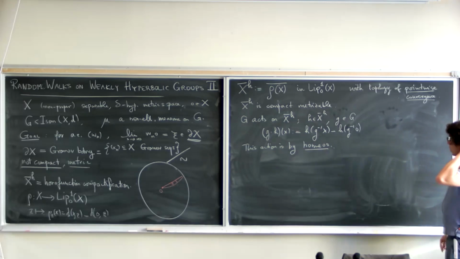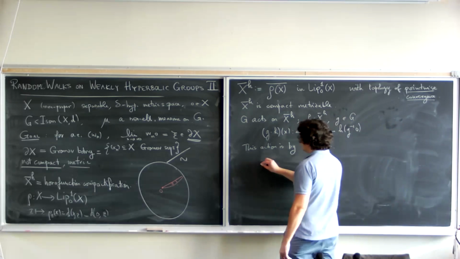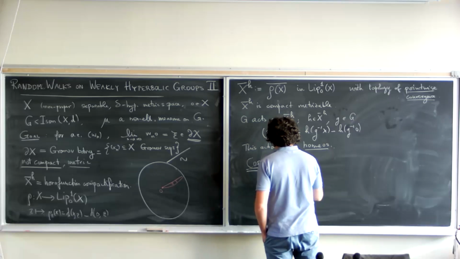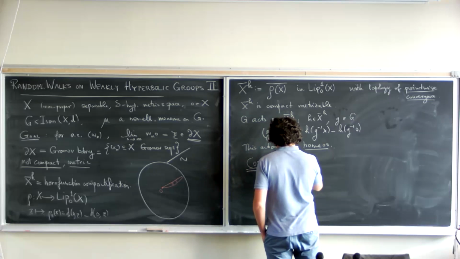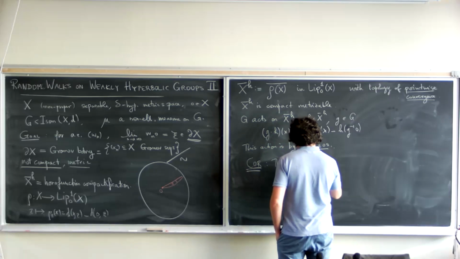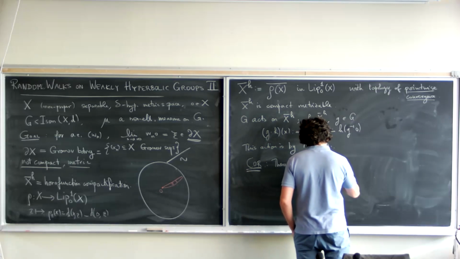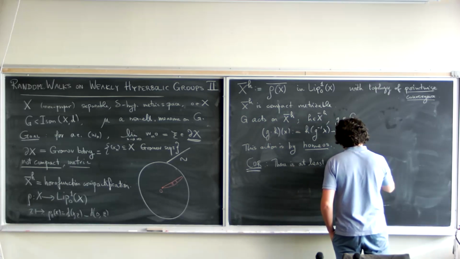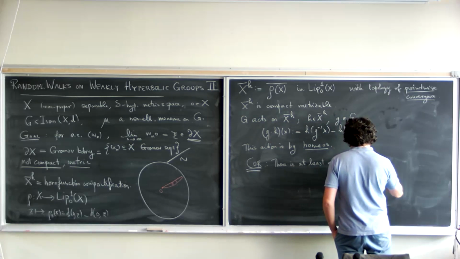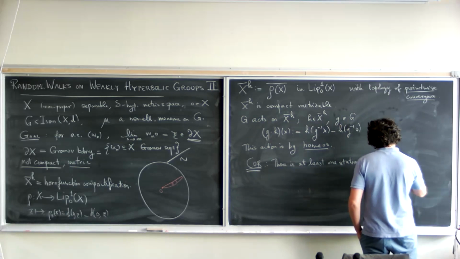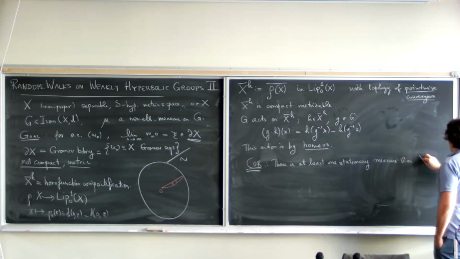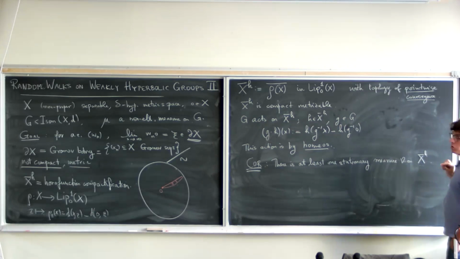So the important corollary of all this is that there is at least one stationary measure mu on the Horo function compactification.